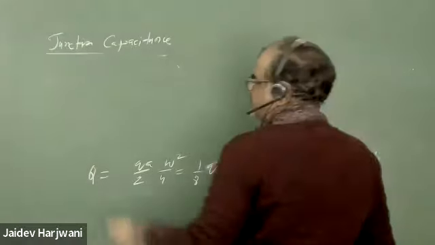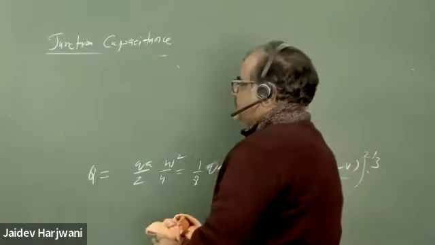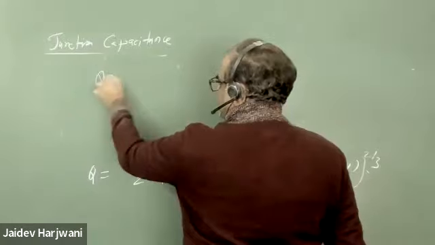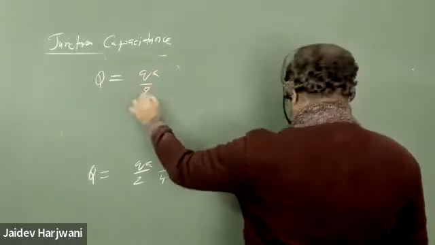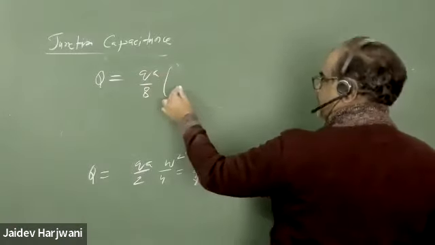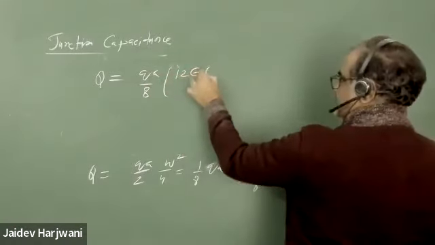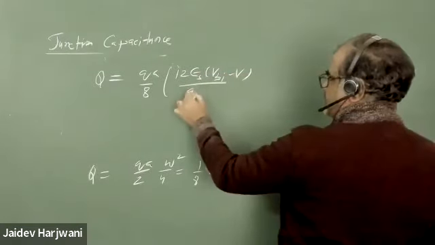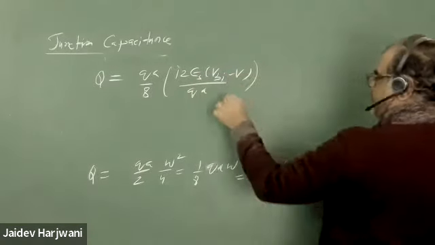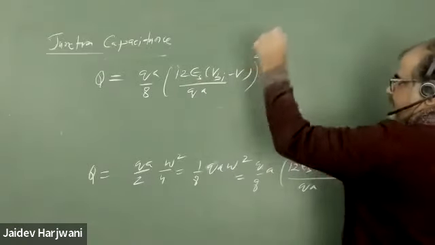So you have charge now. Charge is equal to Q, QA by 8, 12 ES (VBI minus V) upon QA, power 2 by 3.